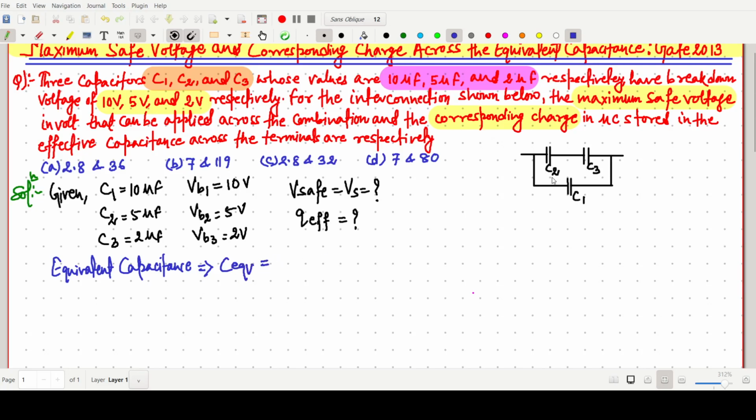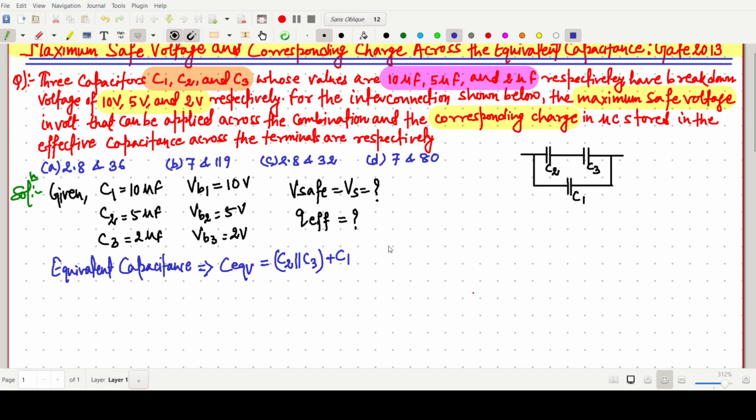C equivalent has C1, C2 and C3, three capacitors here. C2 and C3 are in series, and these two series capacitors are connected in parallel with C1. So we have to add C1, just opposite to resistance.